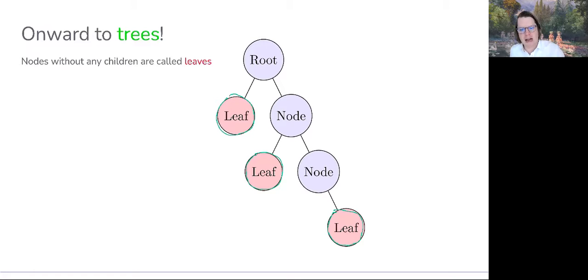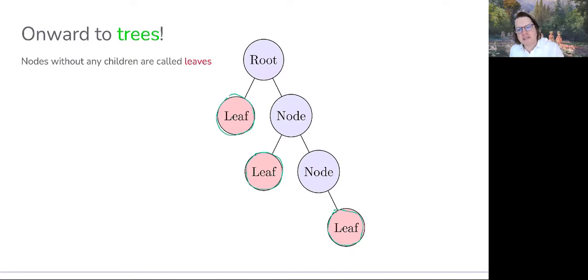A child is going to have a parent node, unless it's the root. But the key takeaway here is that these are all nodes. We're just giving different names to nodes who have certain shared attributes amongst them.